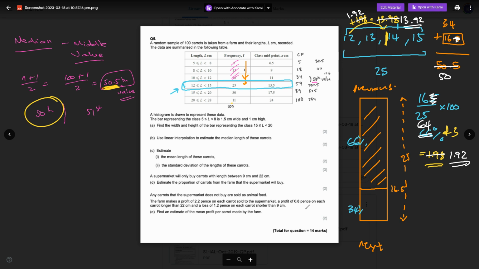So using linear interpolation to estimate the median length of carrots, if it's exactly 50, at that point it would be 13.92 centimeters, which is somewhere 64% into it.